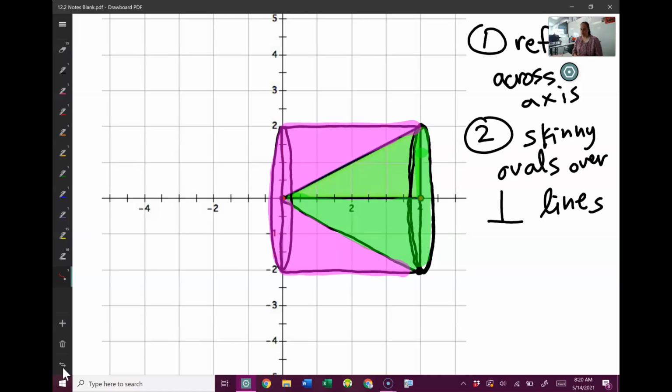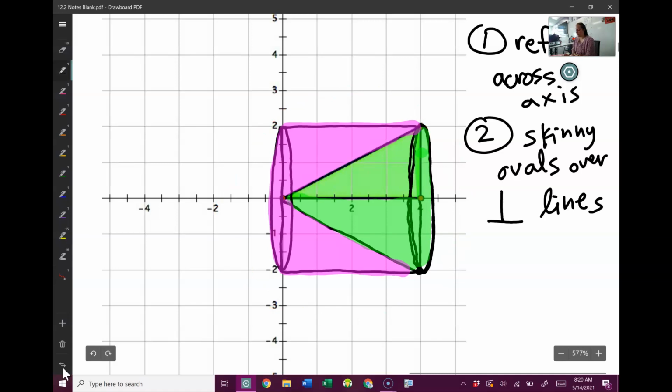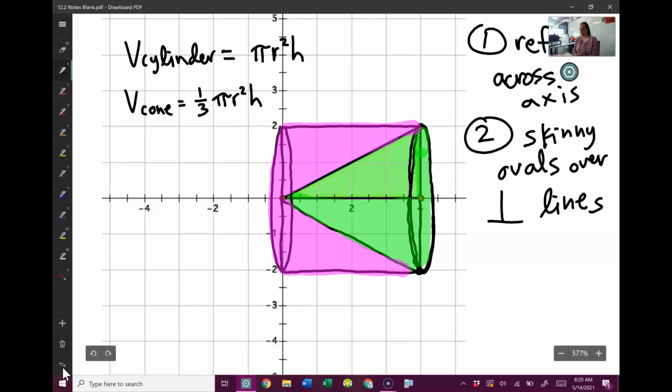So let's think about this. I know the volume of the whole cylinder is pi r squared h. I also know the volume of the cone is a fraction of that cylinder, a piece of that cylinder. It's 1/3 pi r squared h.